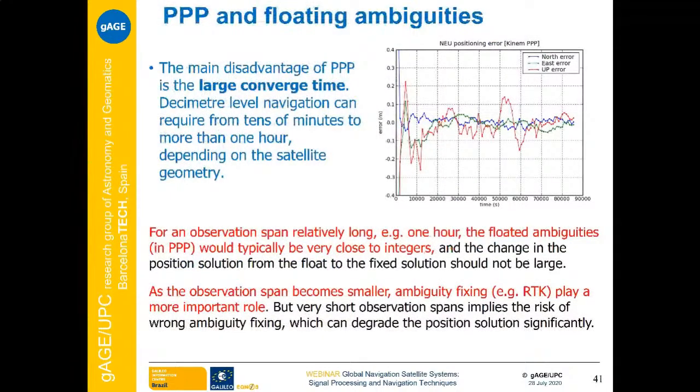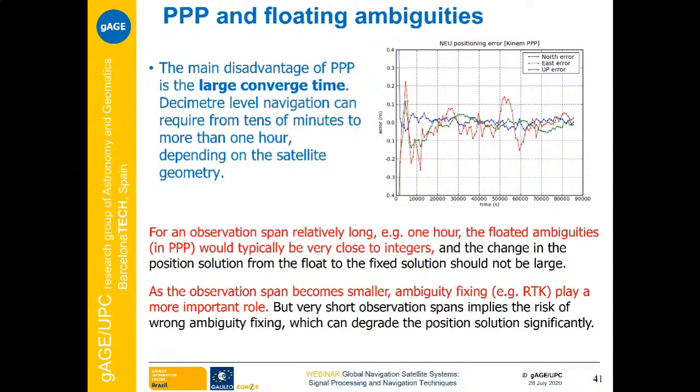But the idea is, if we take a long observation span, the filter converges and the solution will be close to the solution we get in RTK, quite close. But the problem is that we have to take longer and longer.